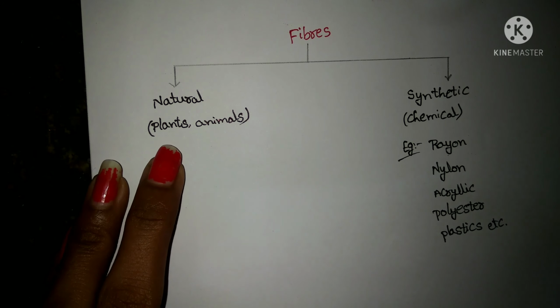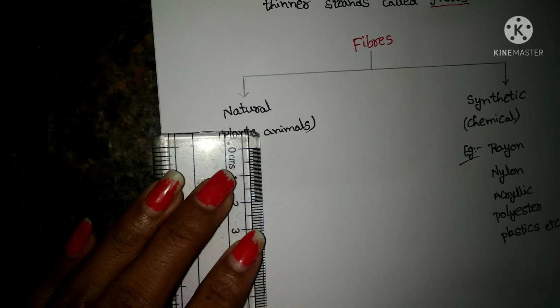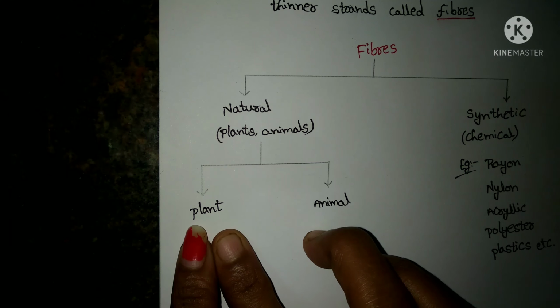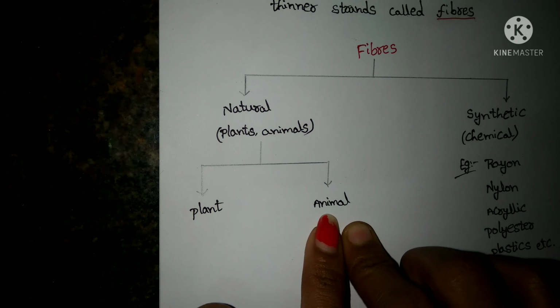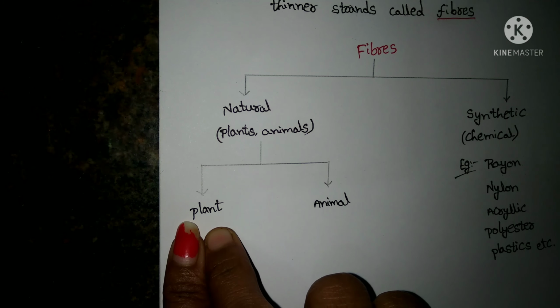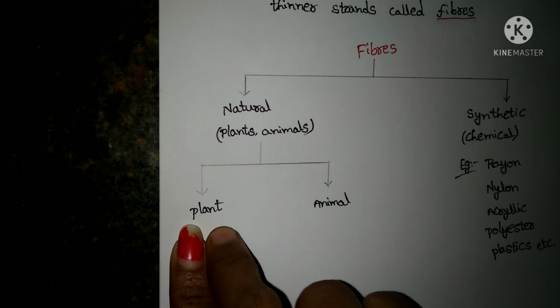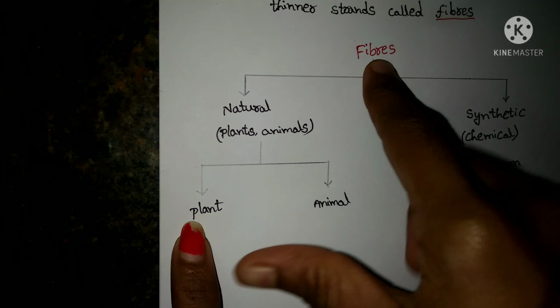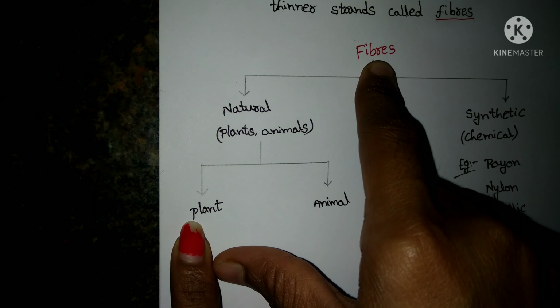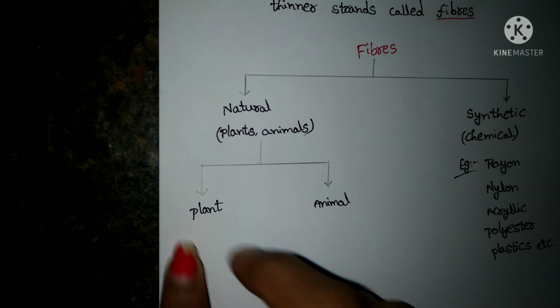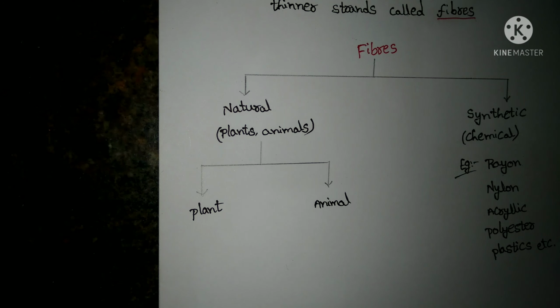Next, natural fibers can again be classified into two types: the first one is plant fibers and the other one is animal fibers. Plant fibers are the fibers which we get from plants. Clear, students? The fibers which we get from plants are called plant fibers.